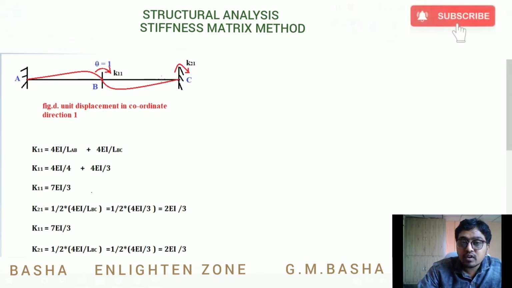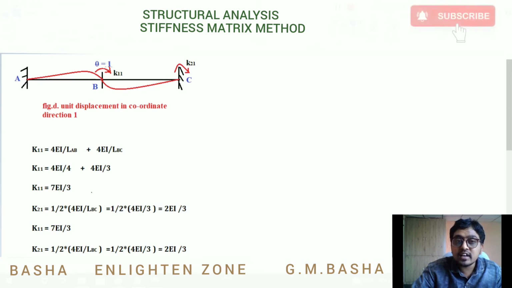Okay, K11 and K12, and again the structure at A and C will be fixed. So you won't get any displacement at A and C. Why? Because the degree of freedom at A and C will be 0. At B we are releasing the structure and applying unit displacement. Then you will get the displacement like this for this member. Okay.